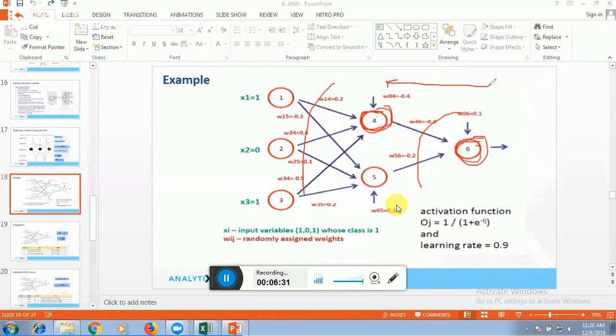So the adjustments we are doing: this is my most recent layer, and this is my second most recent layer. I will adjust the betas between these two first, and then adjust the earlier betas in such a way that the assumed outputs are achieved. This is what we call backward propagation.